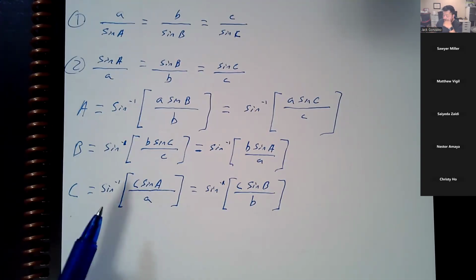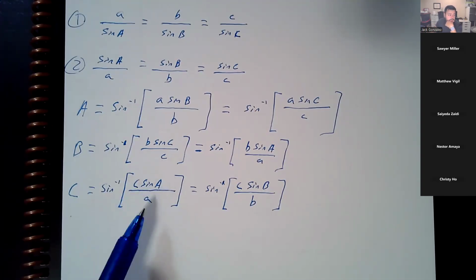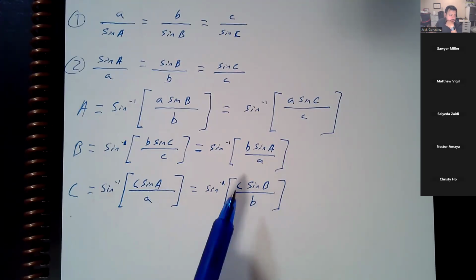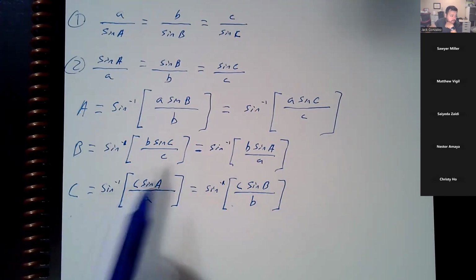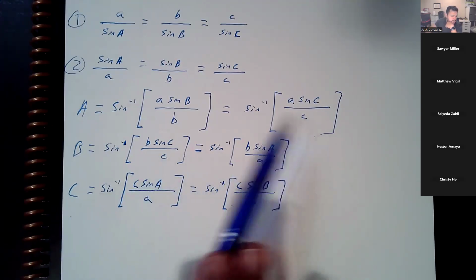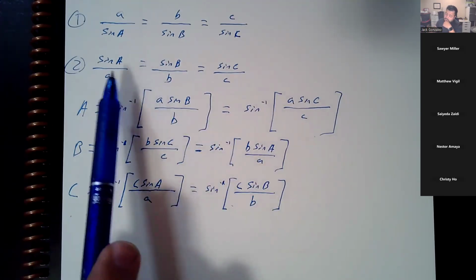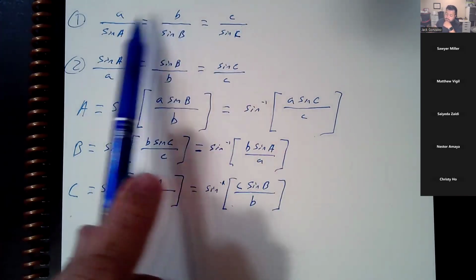So if you have C, A, and little a, then use this one. If you have B and little b, then solve for this. Use this guy to get C, and so forth. So you can choose what's best in what scenario. Or you can individually solve it by equating these pieces.